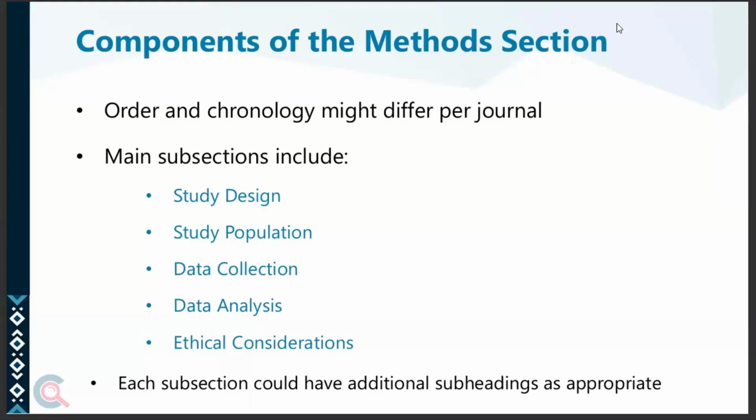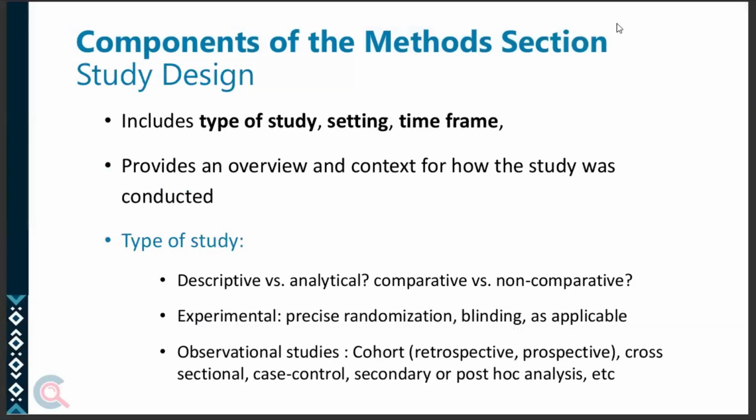But here is generally how the subsections of the method section should be written. It is made up of the study design, the study population, the data collection, data analysis, and ethical consideration. And each subsection can have additional subheadings where appropriate.